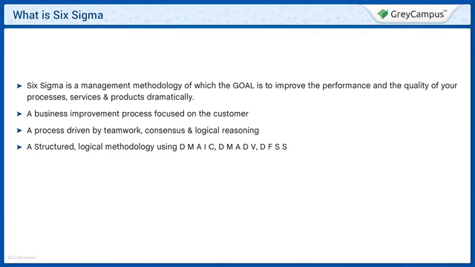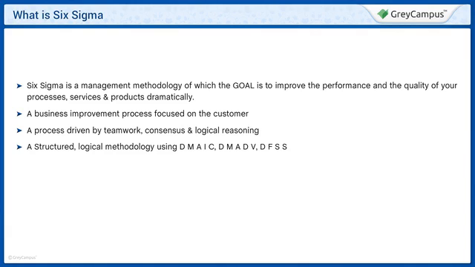Similarly, the other two important business improvement methodologies under the umbrella of Six Sigma are DMADV, i.e., define, measure, analyze, design, and verify, and DFSS, i.e., design for Six Sigma.